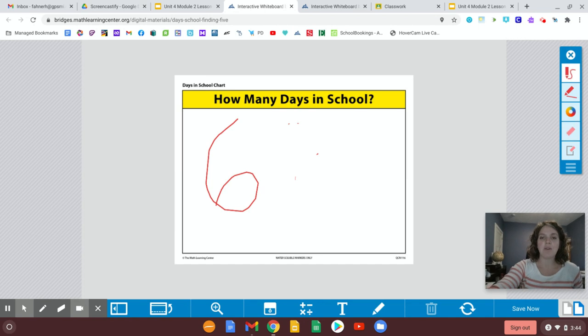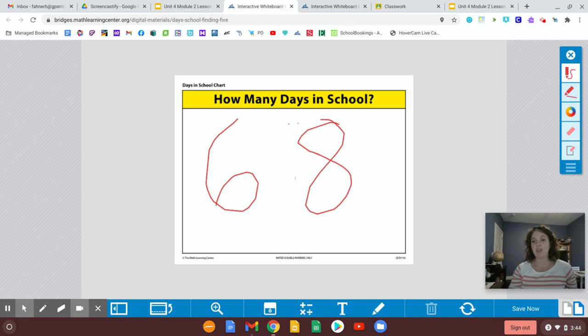Excellent. And we're just changing the ones side because we're not adding a new group of 10. And this 6 right here means groups of 10. 6 groups of 10. And we don't have another group of 10. We just added to our ones.